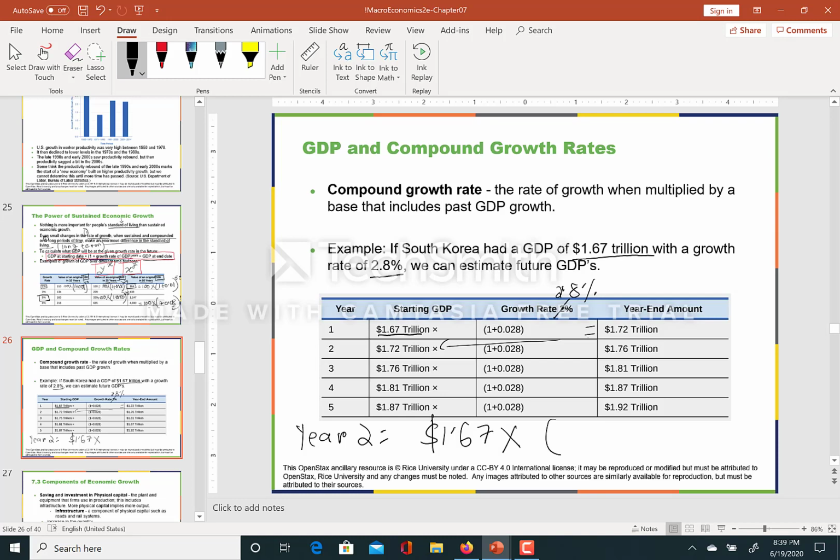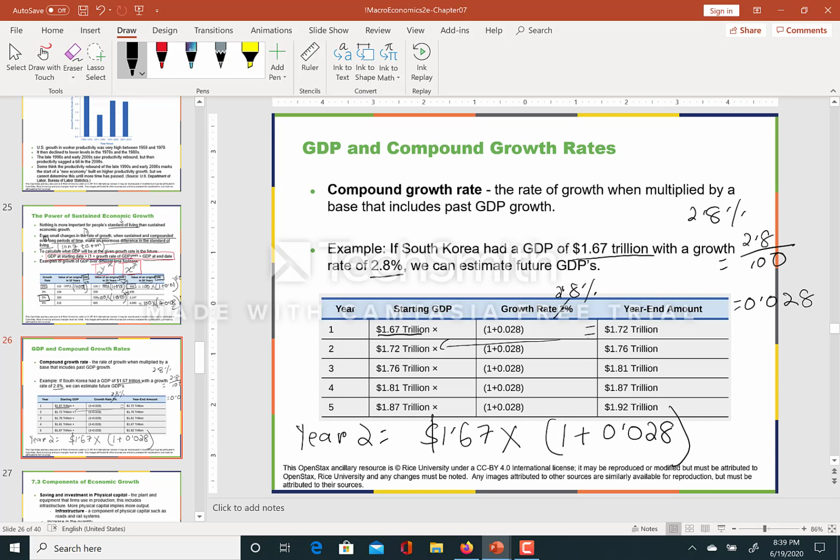They have a growth rate of 2.8%. So this is what I have here. And just remember, 2.8% is equal to 2.8 over 100, so I can write this as 0.028.